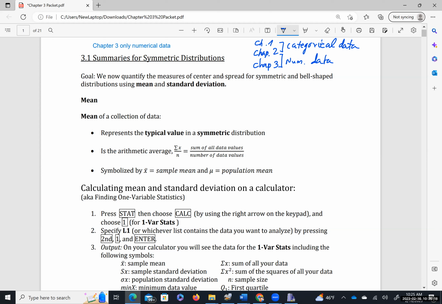So what are the goals for section 3.1? We're going to try to summarize symmetric distribution. Keep in mind that in this section we focus on symmetric distribution, which is like a bell shape.